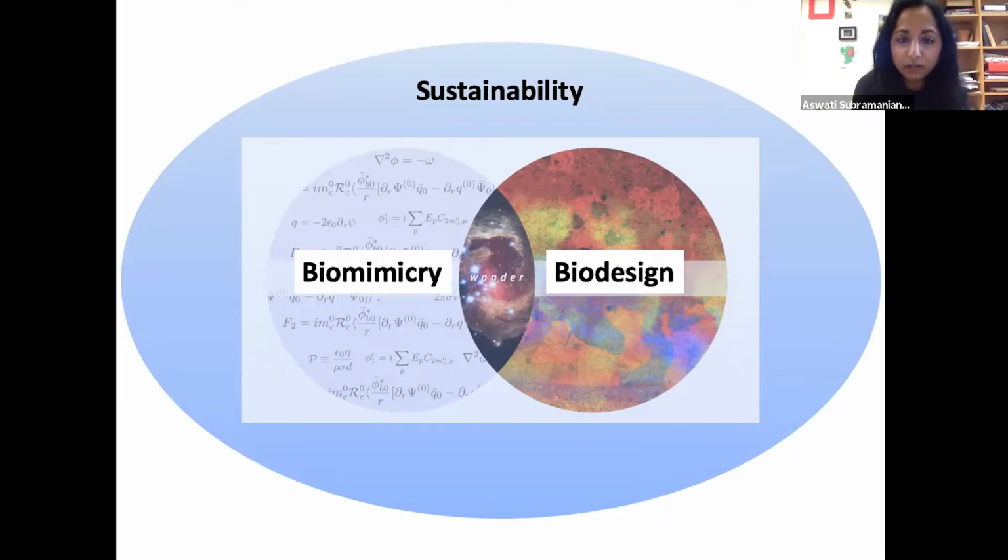How can we use our creativity and our understanding of nature to build a sustainable lifestyle? And I want to address this sort of information from biology and art. I want to address them in two different fields, which are biomimicry and biological design. They're both important for sustainability, but they both address sustainability in very different ways.